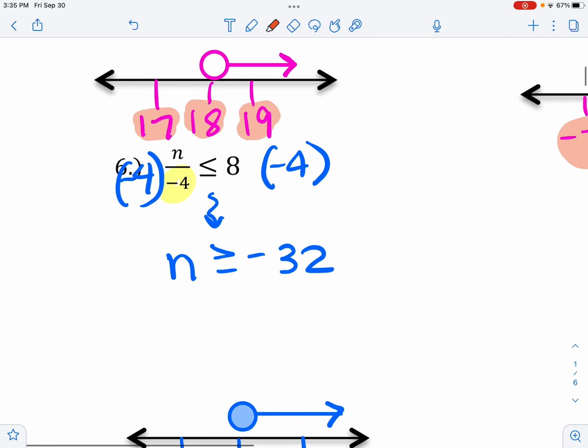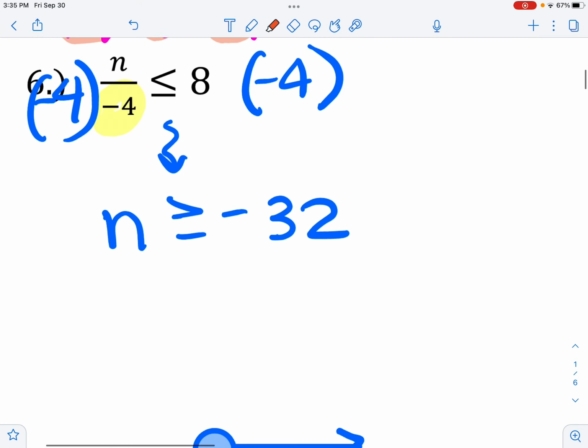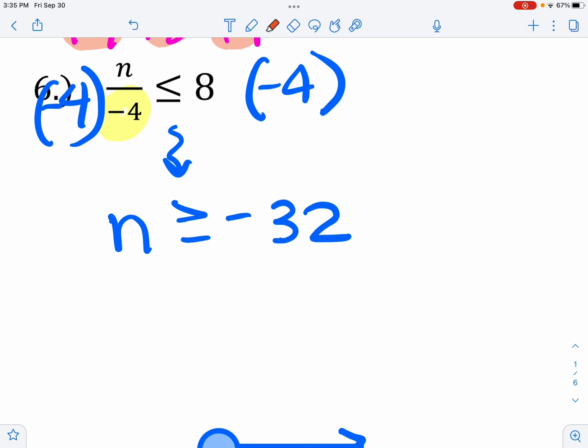Okay, let's look at number 6. Again, I highlight with yellow because it is a negative coefficient, right? So I really want to make sure when I multiply or divide by a negative coefficient, I flip the sign, right?